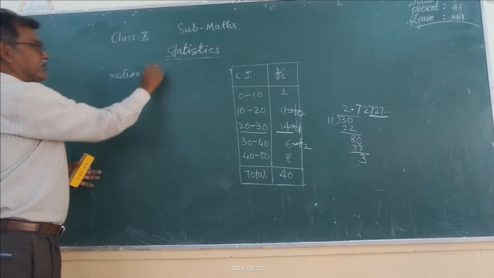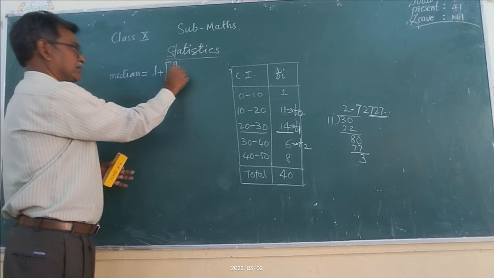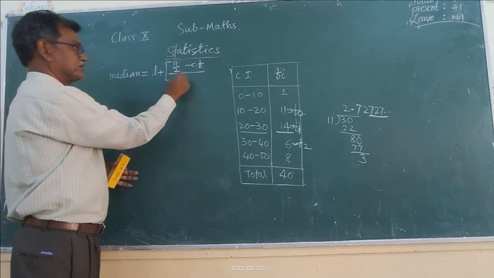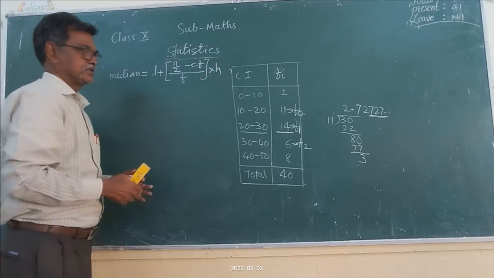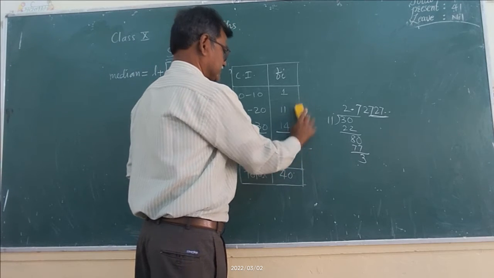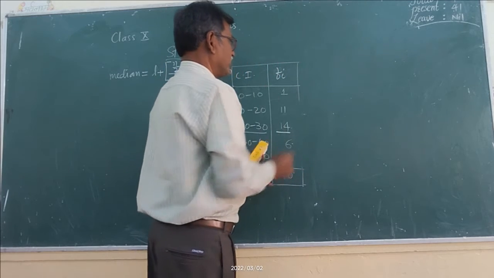Median is equal to L plus n by 2 minus cumulative frequency upon f, into h. In this case, the word comes cumulative frequency, means we have to write the cumulative frequency.